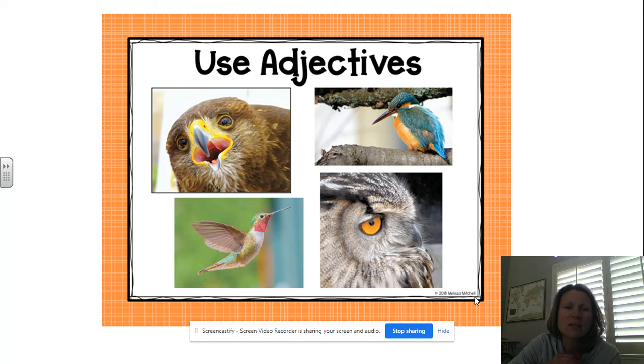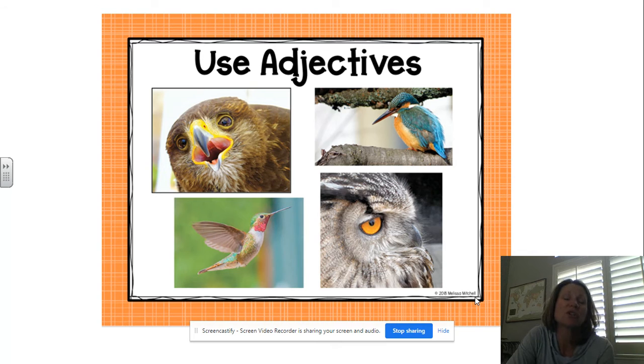So here are some bird pictures. Take a second and let's look at these pictures. It looks like we have an eagle, a woodpecker, a hummingbird, and an owl. In your mind, think of some adjectives that you could use to describe these birds, or their attributes.